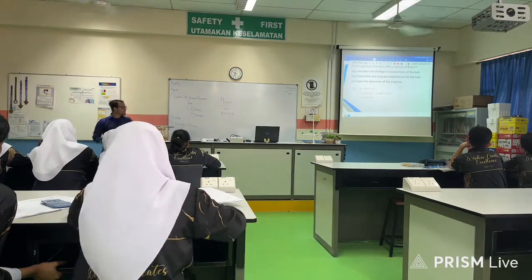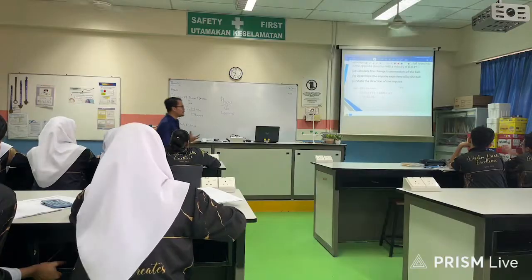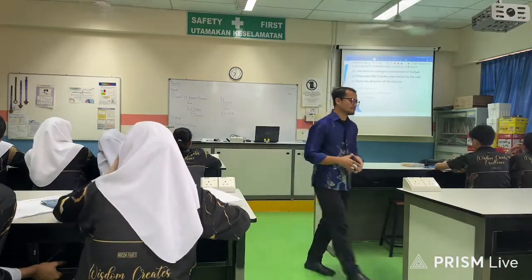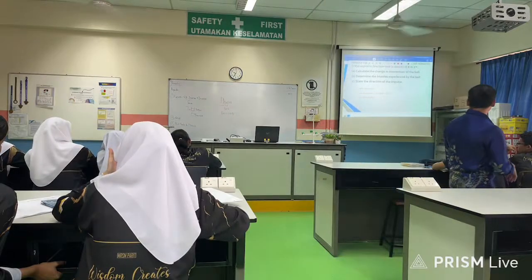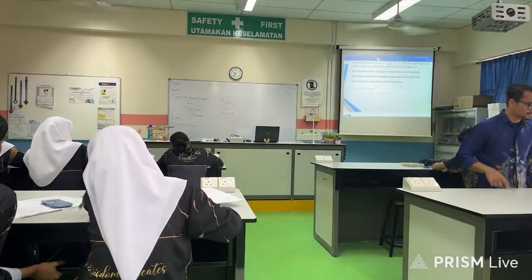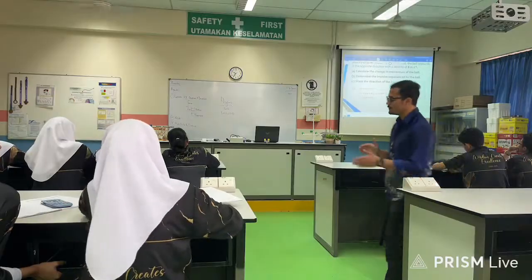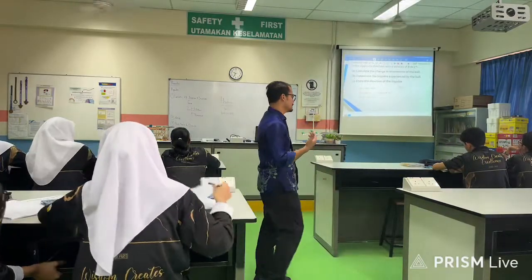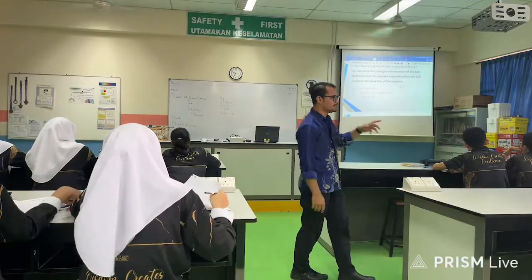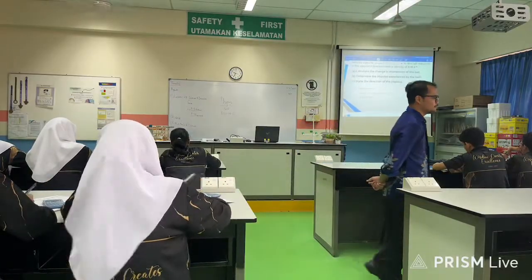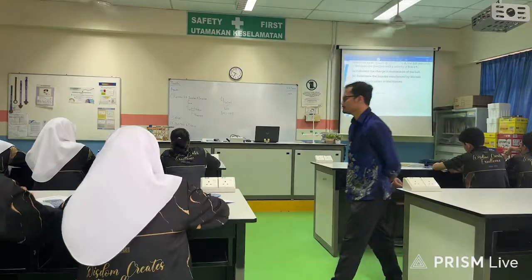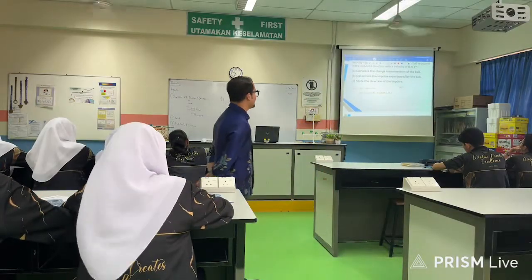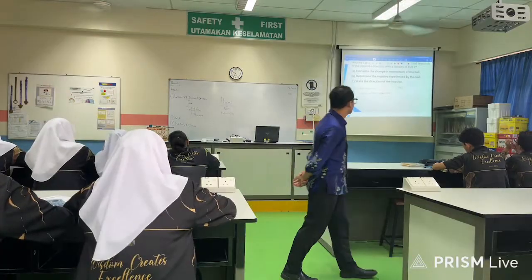Class, be careful, negative 8. The vector of velocity will be negative. Negative 8, because the final velocity is in the opposite direction from the initial velocity. So be careful. 0.06 times negative 8, and then minus 0.06 times 5.